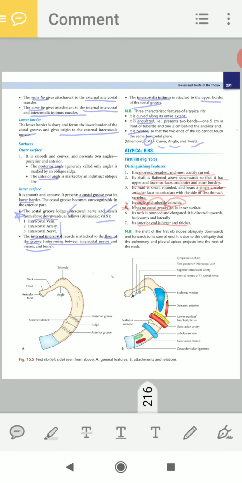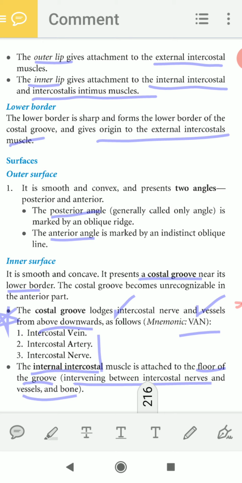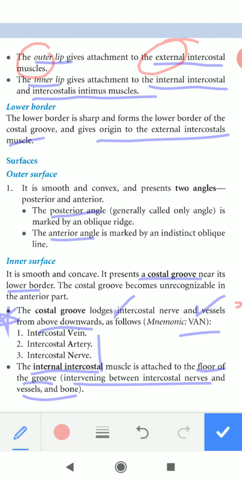Now the upper border or superior border has two lips. We already said the outer lip gives attachment to the external intercostal muscle and the inner lip gives attachment to the internal intercostal muscles. So outer for external, inner for internal. So it's very easy to remember. Now the lower border gives origin to the external intercostal muscle.